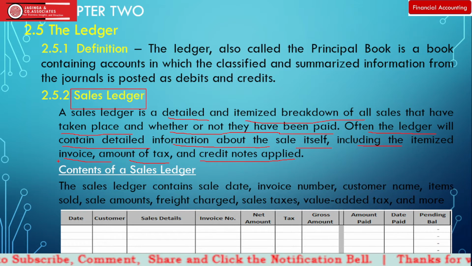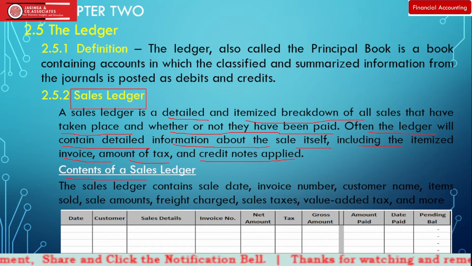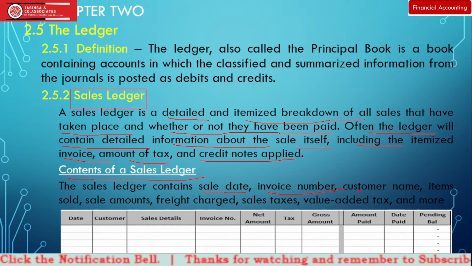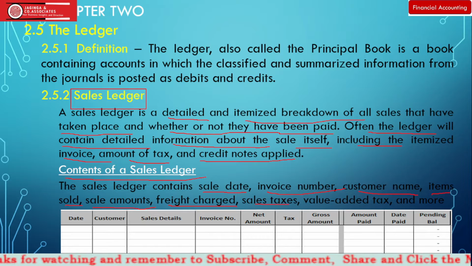So down here we have contents of a sales ledger. And we are saying that the sales ledger contains sales date, invoice number, customer name, items sold, sale amounts, the freight charged if any, and then the sales taxes, the value added tax, and much more.